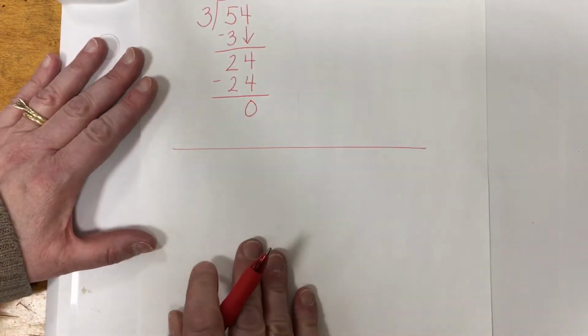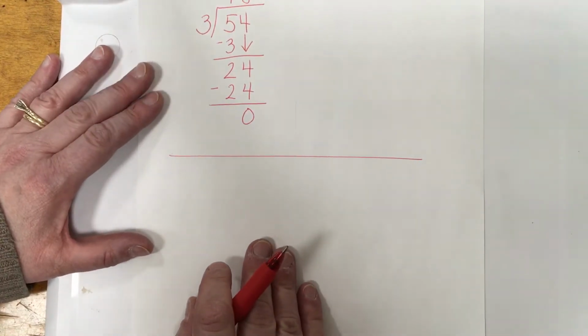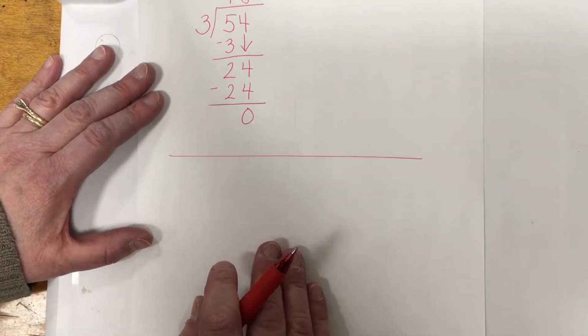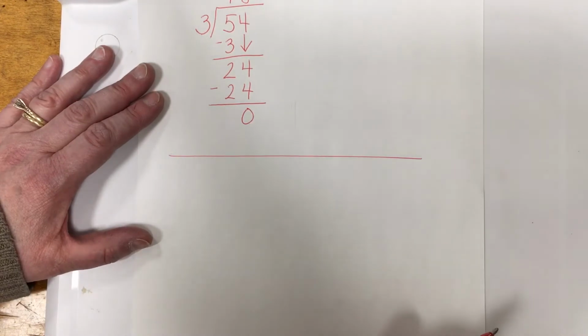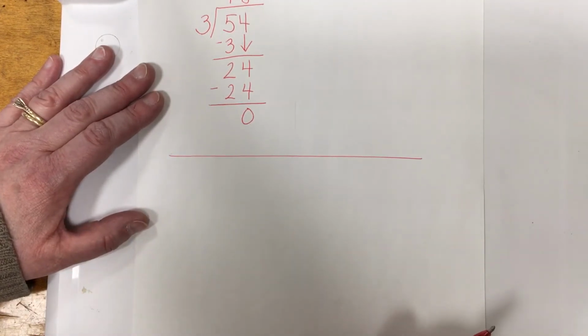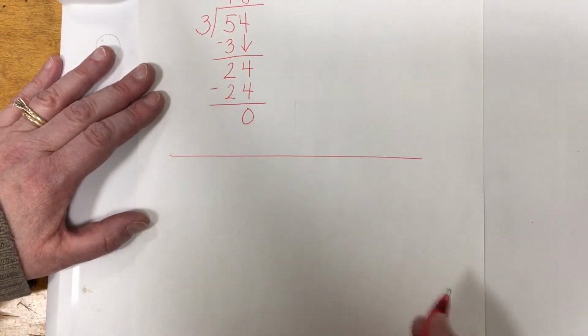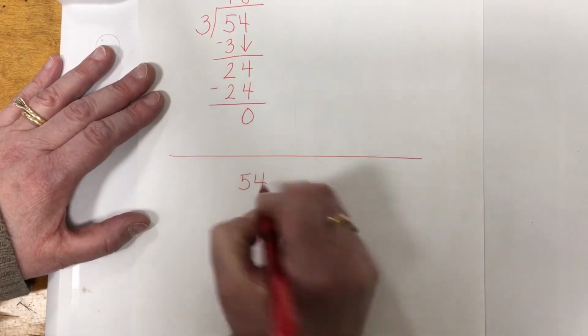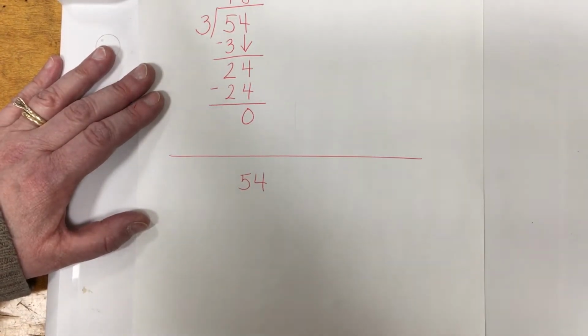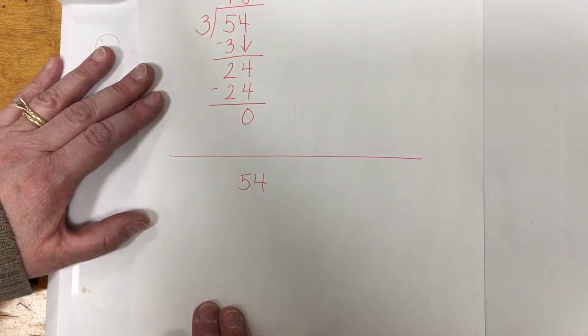All right, next problem. We're going to use the associative property to find additional factors of larger numbers. So we're still working with 54. Is it necessary to divide to figure out if 5 is a factor of 54?